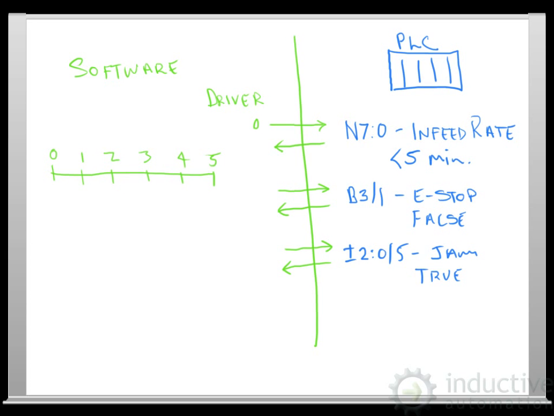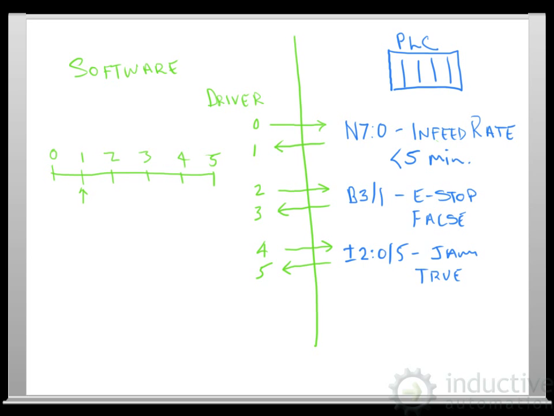So at 0, we request the in-feed rate. 1 second later, we get the value back. And keep it simple, at 2 seconds, we request the e-stop. At 3 seconds, we get the answer back. At 4 seconds, we request the jam. At 5 seconds, we get that back. So what happens is at 1, we get our in-feed rate.